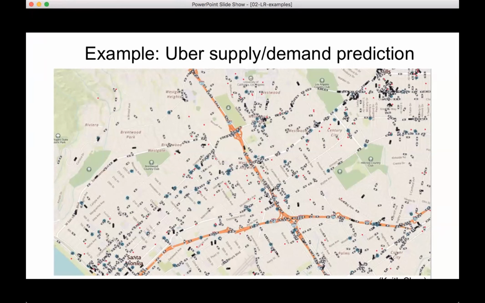Obviously, Uber and companies like Uber would really like to predict supply and demand. They would really like to predict where origins of trips might be and when, because they may like to try to activate more supply of drivers, or they might like to adjust the pricing in the system to promote drivers to move to where there will be a lot of demand.